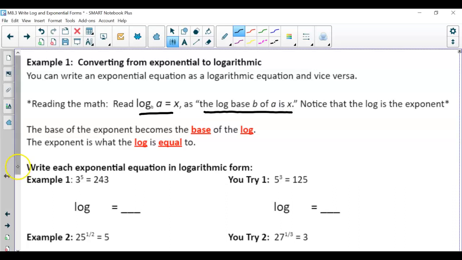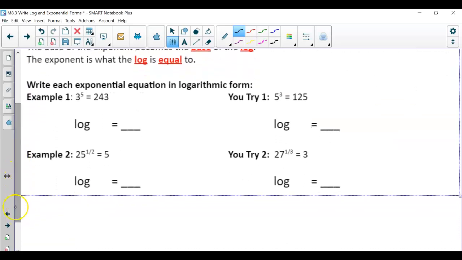So for example, notice how I've got 3 to the 5th is equal to 243. So here's our exponential. Notice how the base is 3, so the base is going to be 3. Then the exponent was always going to be what our log is equal to.